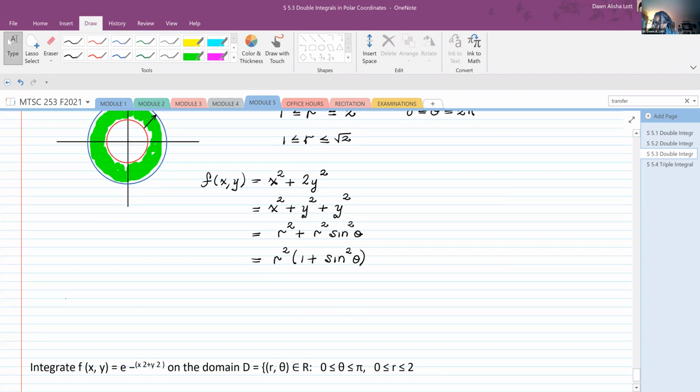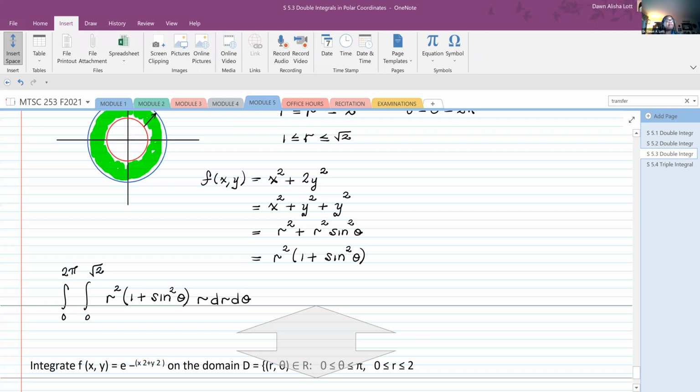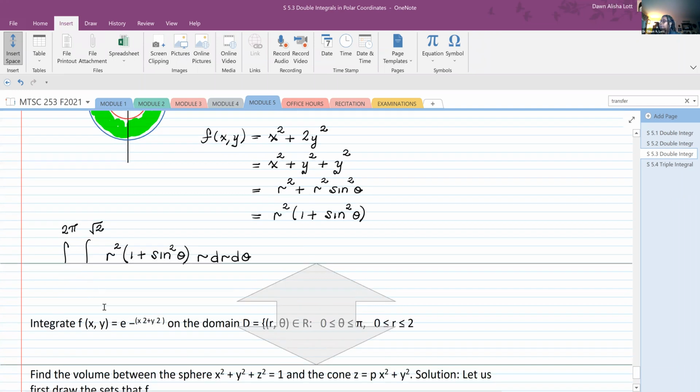So therefore, we want to compute the integral. Theta goes from 0 to 2 pi. The integral r goes from 0 to the square root of 2. The function inside is r squared times 1 plus the sine squared of theta, and r dr d theta. Okay.